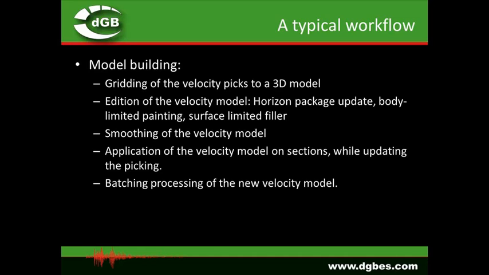Finally, you can apply the new velocity model on the fly on sections while updating the picking. And the model building will always finish, and that will only be the very last step, after a QC of the new velocity model in the 3D scene. You will perform the batch processing of the velocity model in order to get on disk a volume that you can either use in place as such, or that you can export into a new SEG-Y volume.